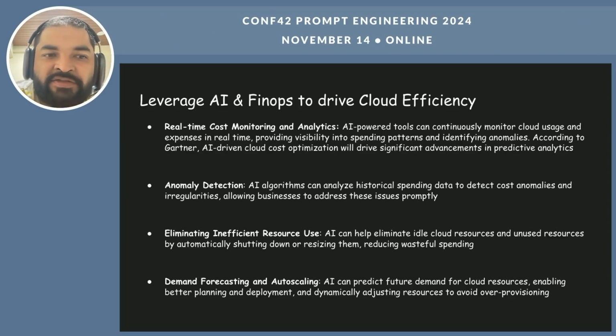Anomaly detection. AI algorithms can also analyze historical spending data to detect cost anomalies and irregularities, allowing businesses to address these issues promptly. There are always anomalies in the data. It might be some bug that's causing a spike at one point in time or another.